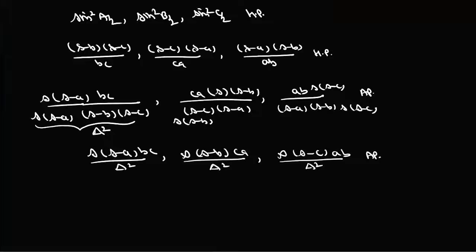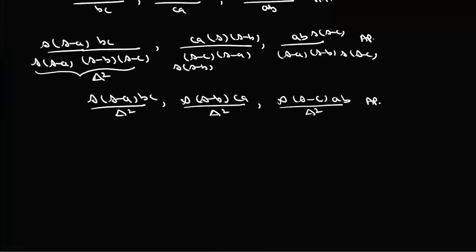They are in AP. Now we know that if we multiply or divide by a constant, they still remain in AP. So we'll cancel this s, that is, we are dividing with s and multiplying with delta square. Now this is sbc minus abc, sca minus bca, and sab minus abc.